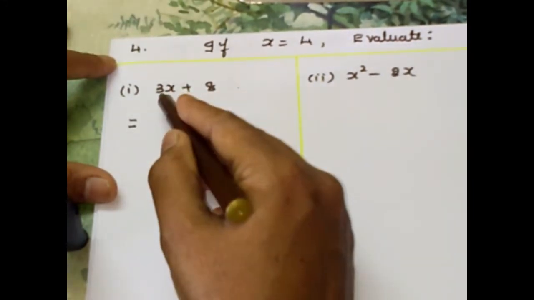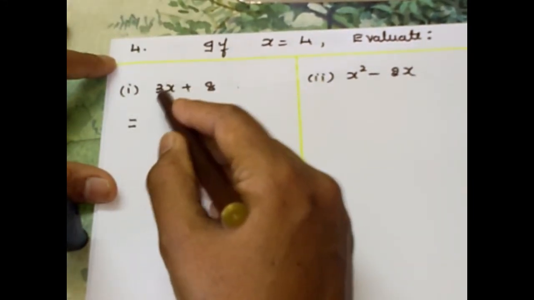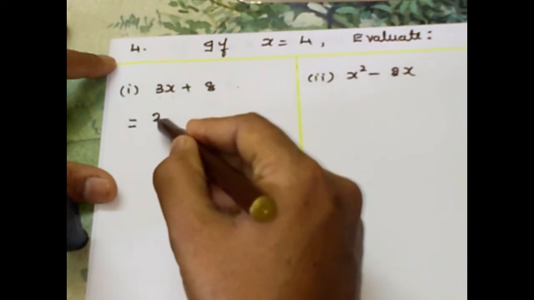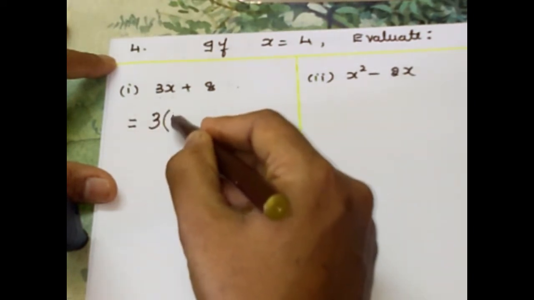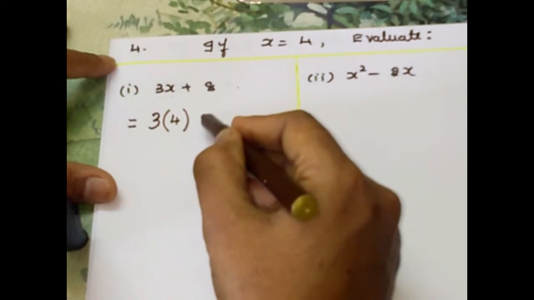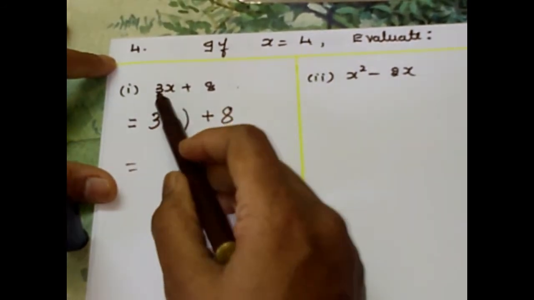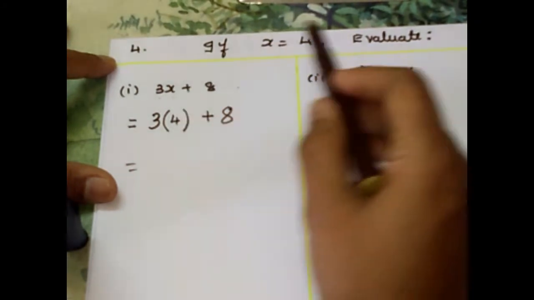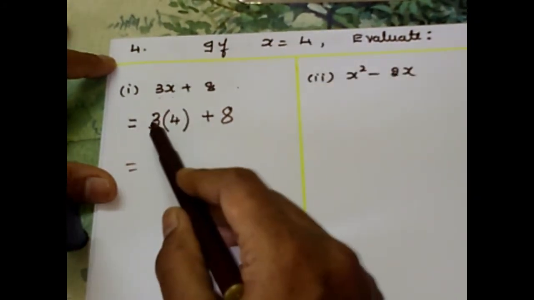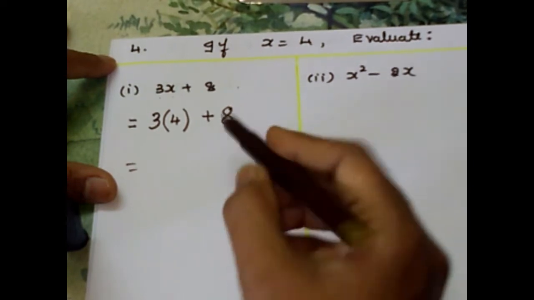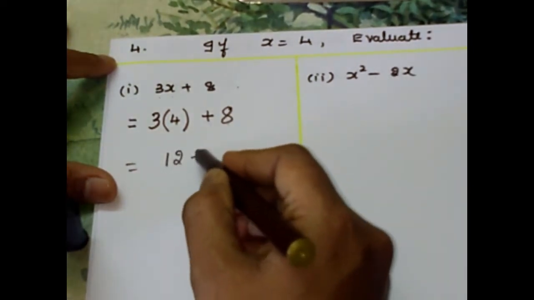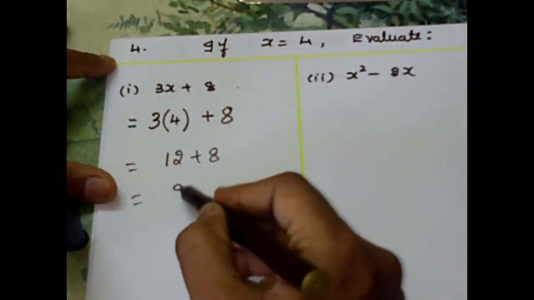What is the meaning of 3x? 3x means 3 into x. So 3 into, I am going to represent it by bracket, plus 8. Value of x is 4. So 3 into 4 plus 8. 3 4s are 12. 12 plus 8 is 20.